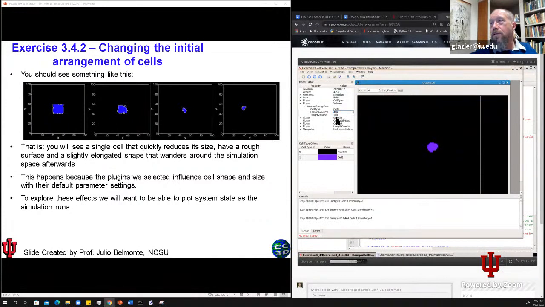And very large may actually be pretty large, yeah? And the cell will freeze. And so that's one of the things that we can explore, the effect of changing the constraint strength. It's an interesting question. Why does it freeze when you make the lambda volume very large? That's something to think about.